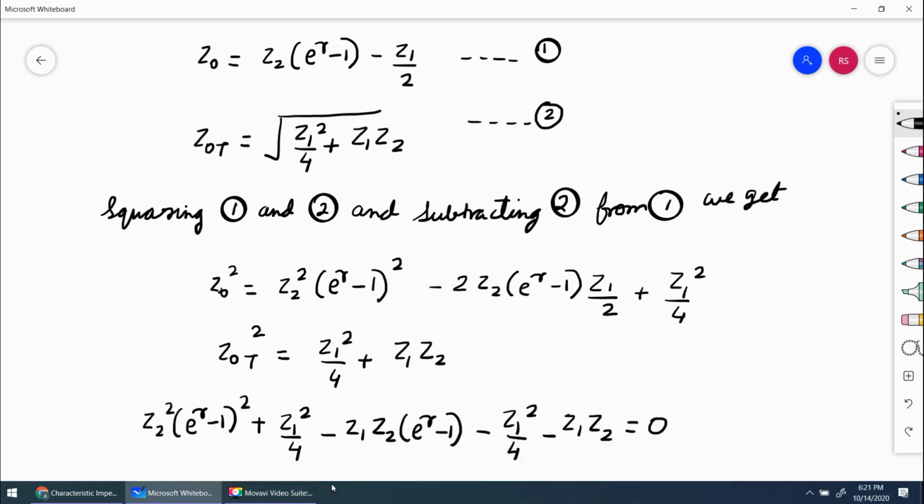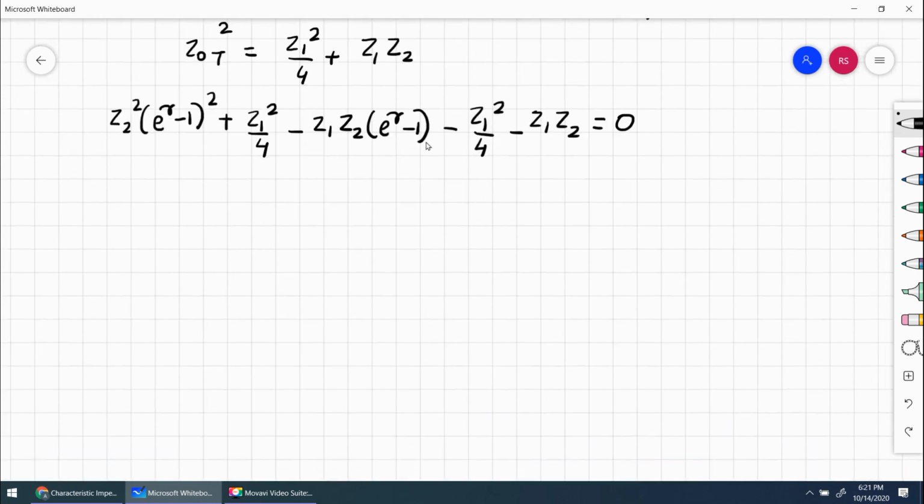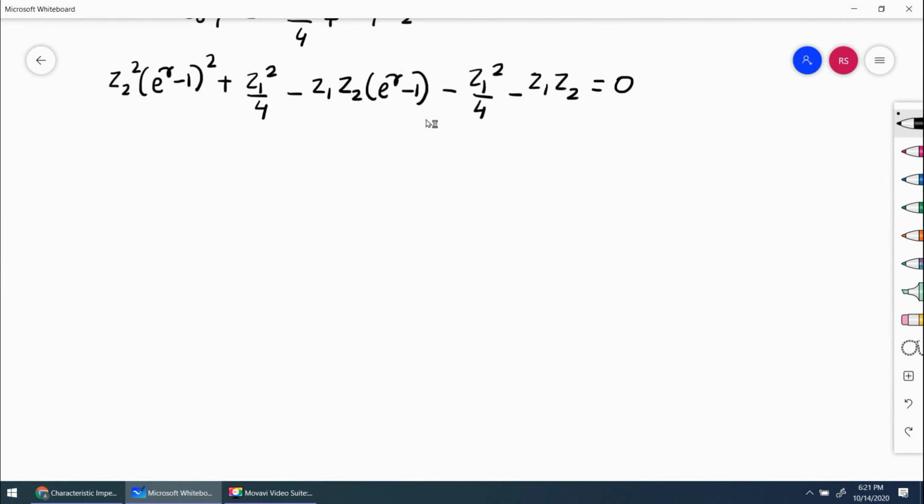Next, I can write Z2 square, e to the power gamma minus 1, the whole square, minus Z1 into Z2, will take it common, e to the power gamma minus 1 plus 1 is equal to 0.